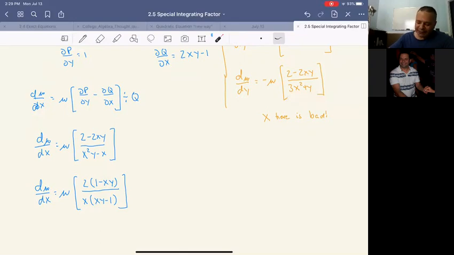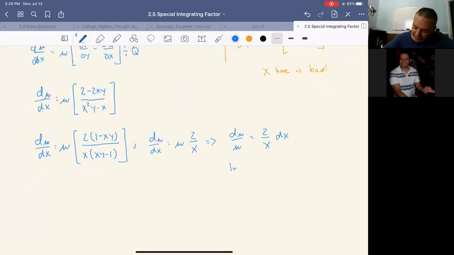So it factors away to be d mu dx equals mu times negative 2 over x. Now we should know how to solve that by now. If not, here's a refresher. d mu over mu equals 2 over x dx. Natural log of mu equals 2 natural log of x.